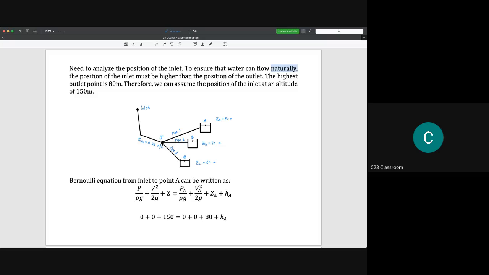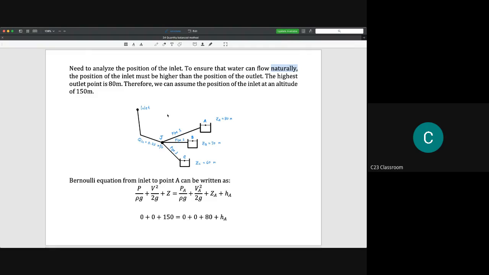Whether the inlet is below the elevation or above the elevation, the water can flow because the pump increases the energy. But because we assume that it flows naturally, we must assume the location of the inlet. Because the highest elevation here is 80 meters, the inlet must be at least higher than 80 meters.